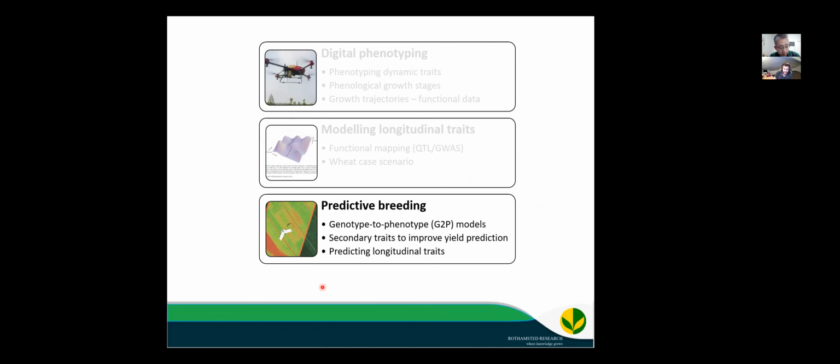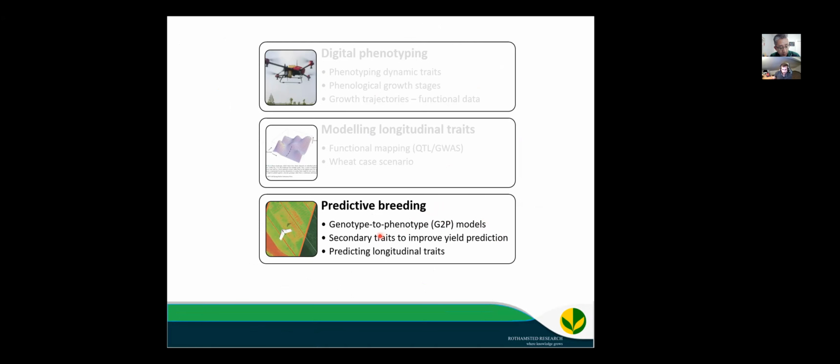This will not be intense on predictive breeding, and we also ran some predictions in that mapping population. When you look at predictive breeding, researchers are linking it with genotype-to-phenotype models, the G2P models.